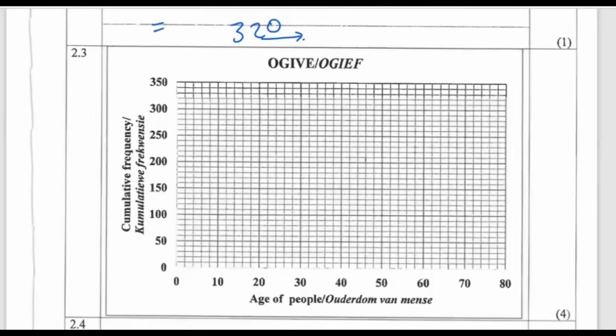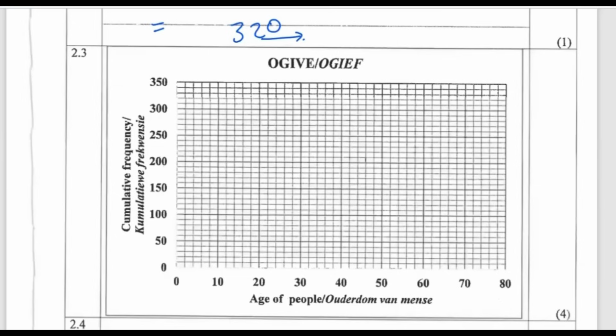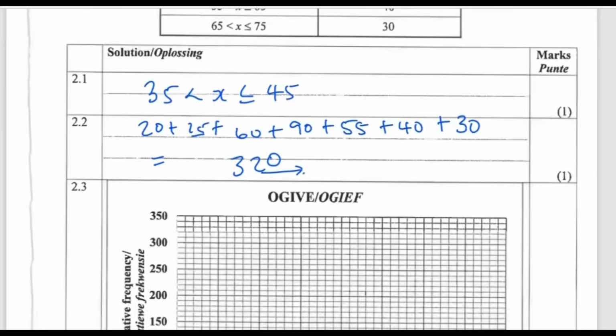All right, and then 2.3, they want us to draw a cumulative frequency graph. Sometimes we call this the ogive, to represent the data. One thing we need to know as we are plotting the ogive is what we plot and what we don't plot.